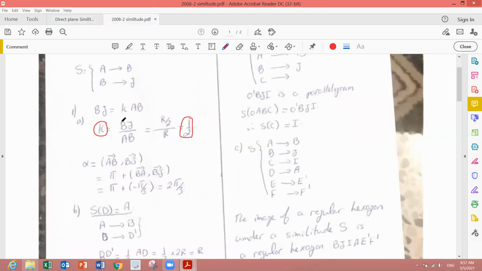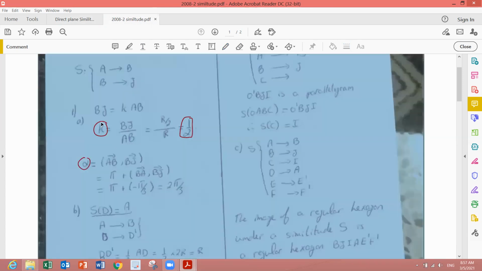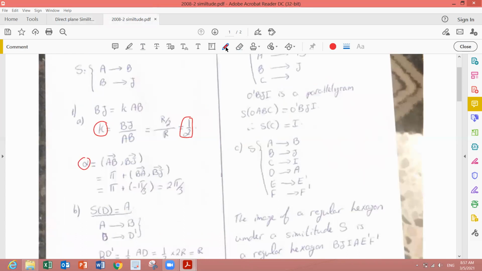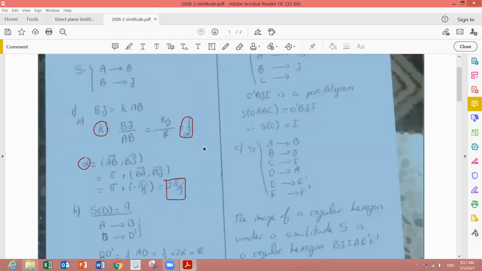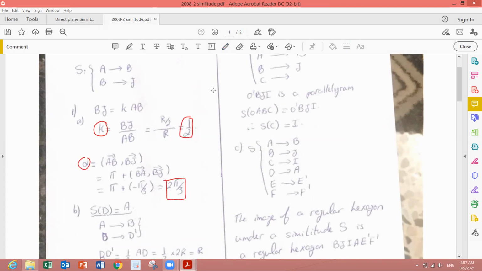So alpha equals (AB, BJ) equal pi plus (BA, BJ) equal pi minus pi over 3 equal 2 pi over 3. Any questions about the angle? No.